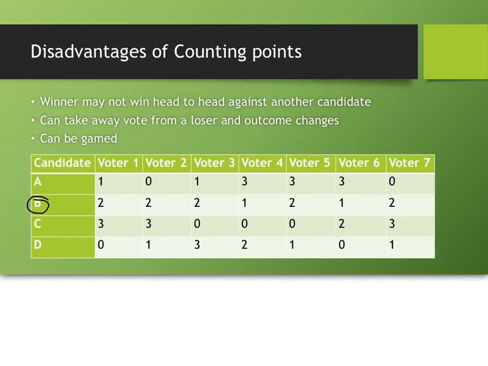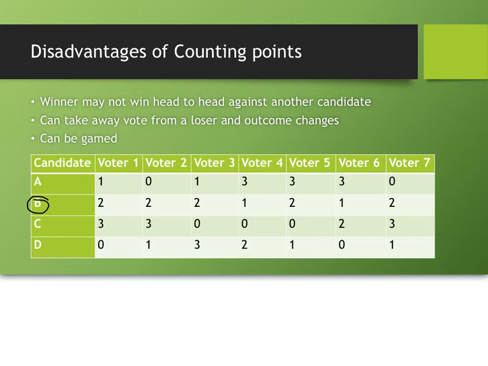And candidate B would have had 1, 2, 3 votes if this were just a head-to-head matchup. Okay? So as a head-to-head matchup, C would have won. Okay? And that's sort of a disadvantage of counting points.